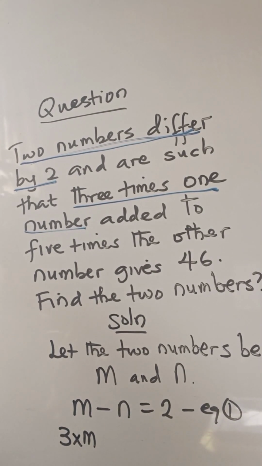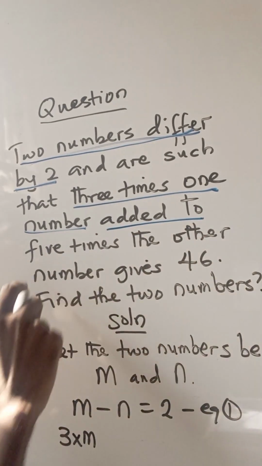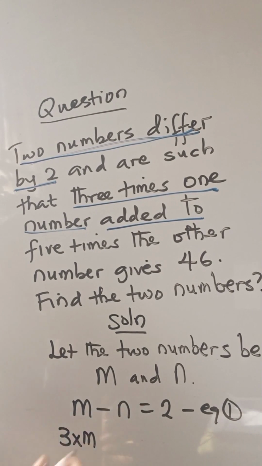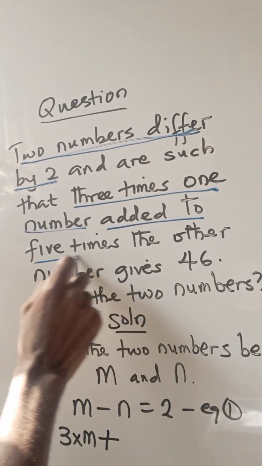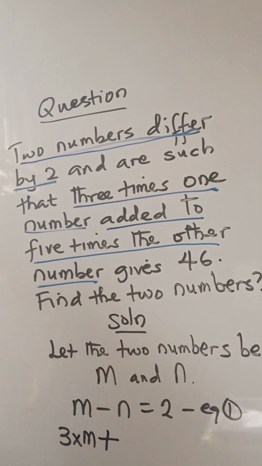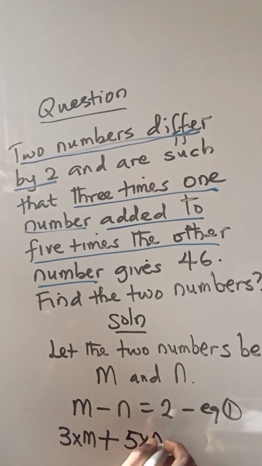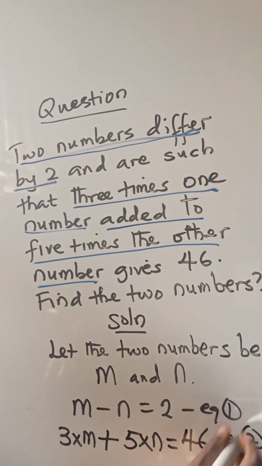So I've been able to capture that statement. 3 times one number added to, added is plus, to 5 times the other number. So I have 5 times n. So it gives us 46. So that's equation 2.